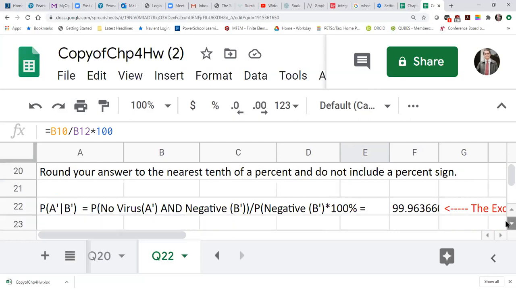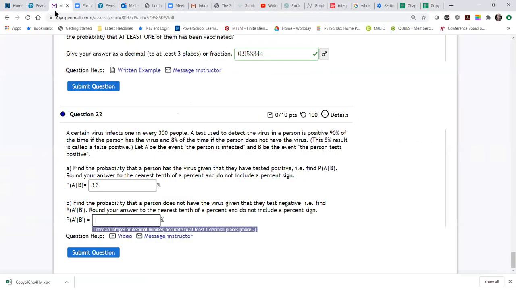If you round this to one decimal place, you get 100%. So this one will be 100% because when you round to one decimal place, it becomes 100%.